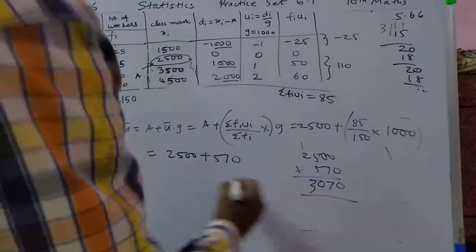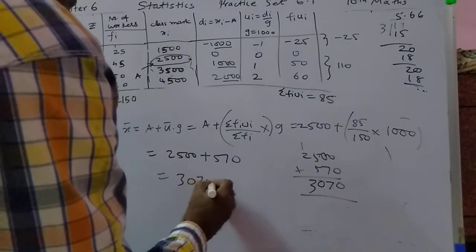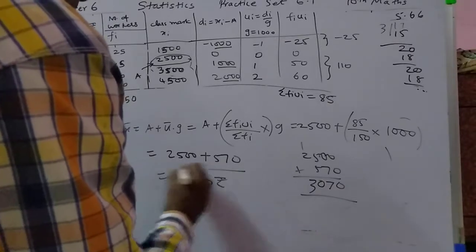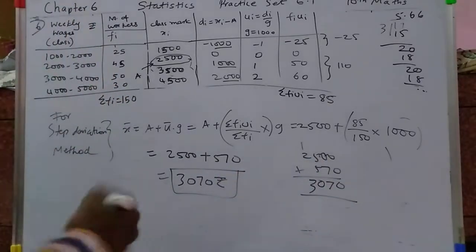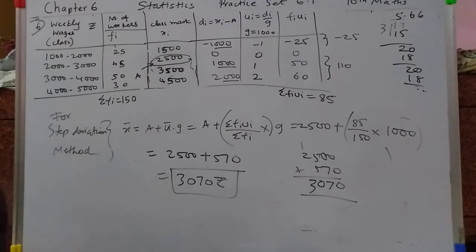Okay, so this is the answer. That is equal to 3070 rupees. Okay. Next we will do median. Okay. I hope I got that. Okay, now let's move on to next problem.